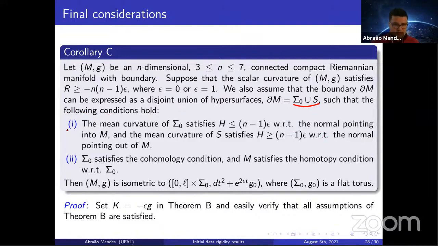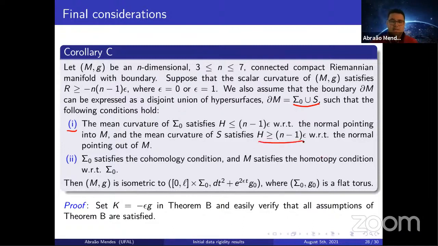So the first one is that the mean curvature of sigma naught is less than or equal to n minus 1 times epsilon with respect to the normal pointing into M, and the mean curvature of S satisfies this inequality here.